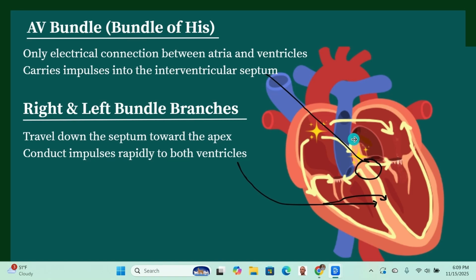And then the right and left bundle branches go down the septum to carry the impulses down the ventricles. So SA node, sinoatrial, to the atrioventricular node, out the AV bundle, and then down the bundle branches. So it goes zoop, zoop, zoop, zoop.